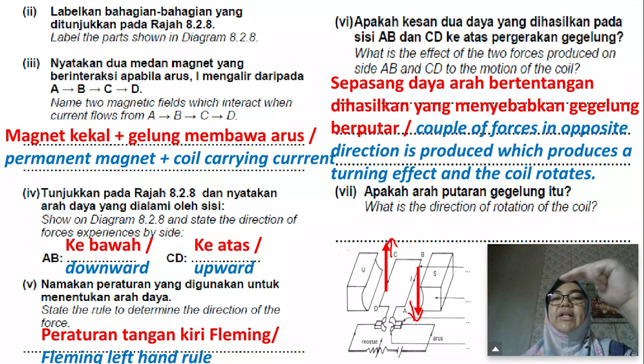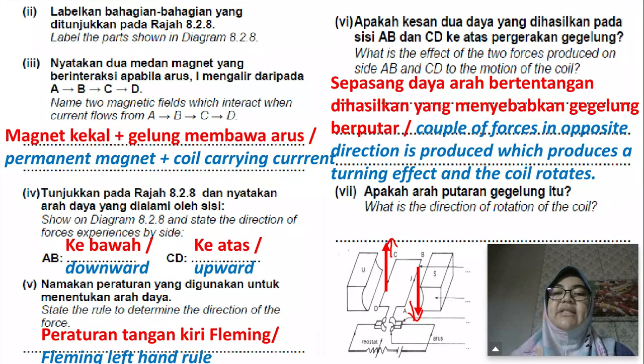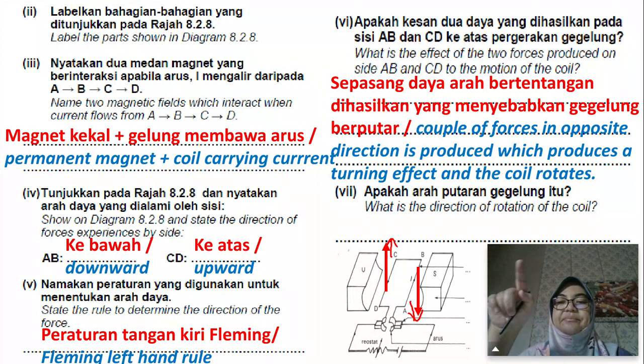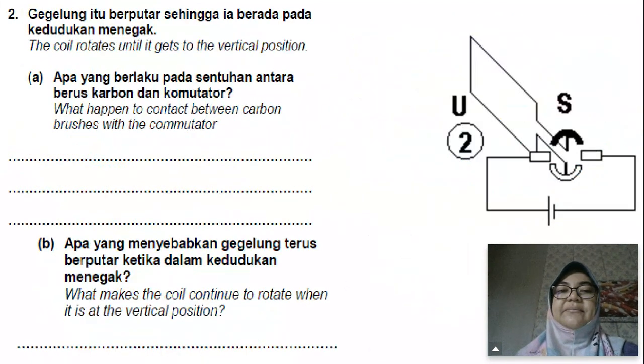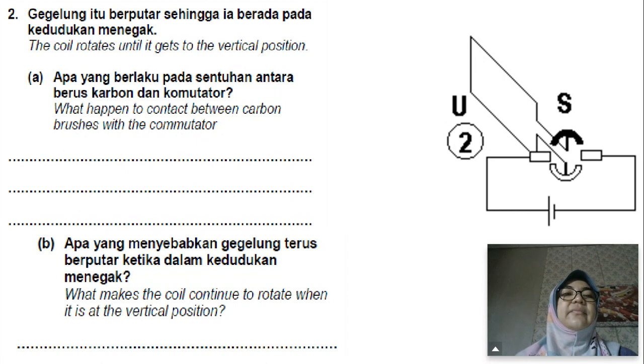Okay, the coil will turn. And what is the direction of the rotation of the coil? So ni C ke atas, D ke bawah. It's like this. Okay, so it is clockwise.